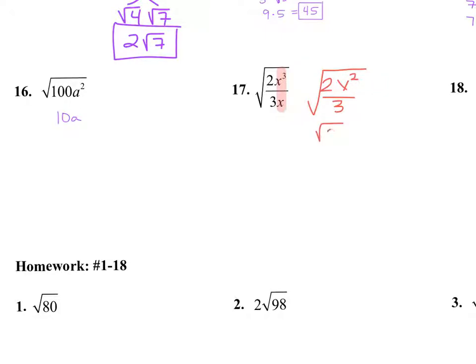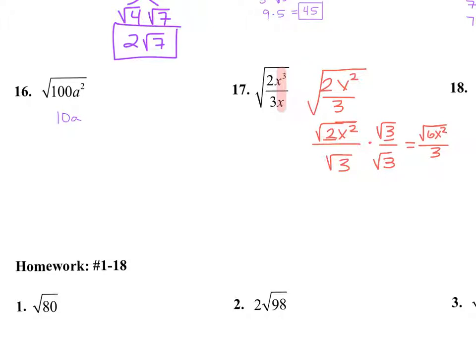So you can think of that as the square root of 2x squared over the square root of 3. We're going to multiply by what? Rad 3 over rad 3. So on top right now, you have the square root of 2 times 3 is 6, x squared, over 3.